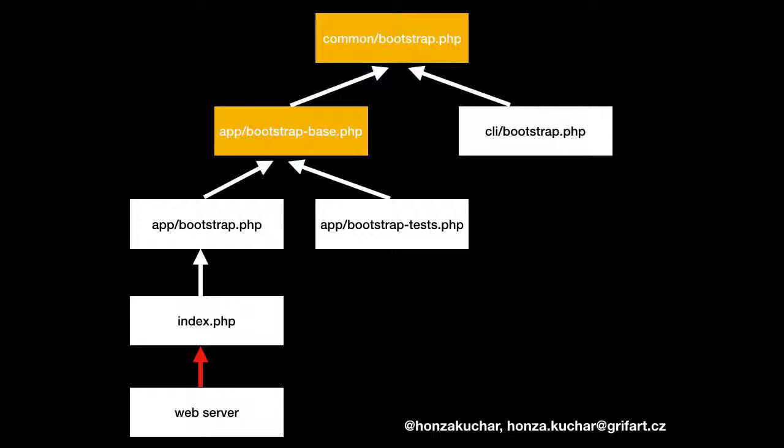So we end up with something like this. Here is our web server, index.php, which requires application bootstrap, which requires the base of application bootstrap, and which requires common bootstrap. So we end up with this hierarchy of bootstraps, and we just include those leaves in this tree.